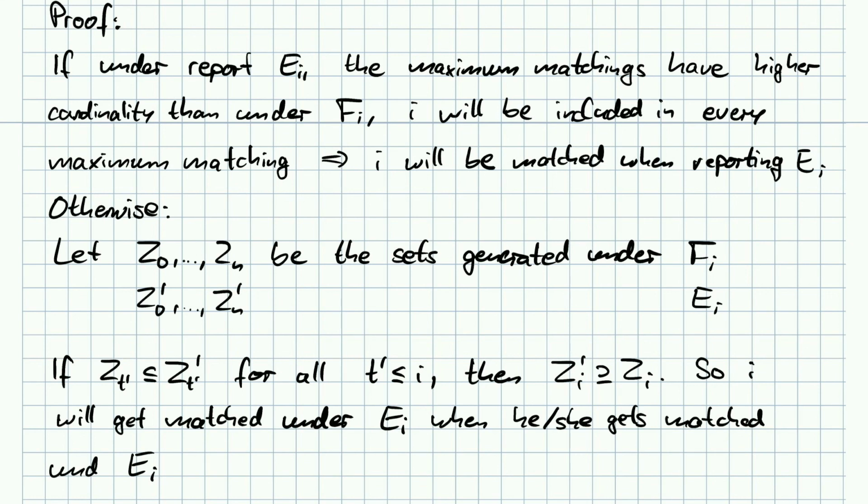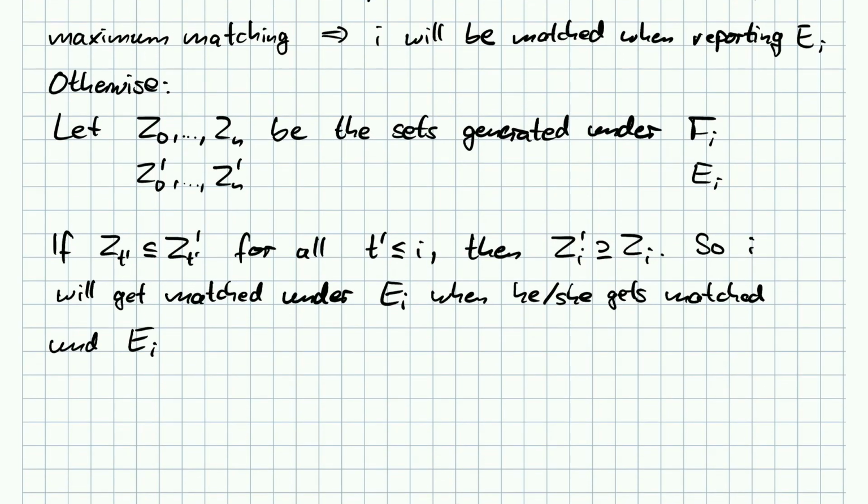Now the only way this cannot happen is that one of these sets will be empty when reporting Fi but will not be empty when reporting Ei.